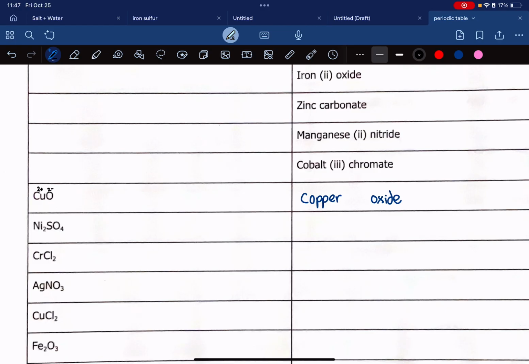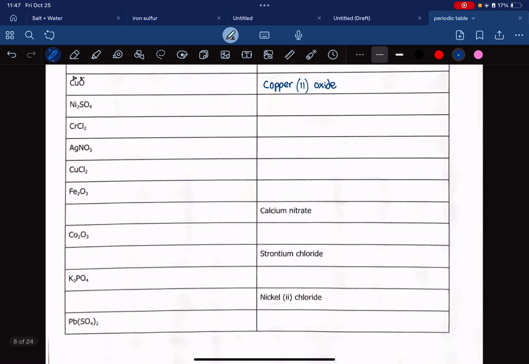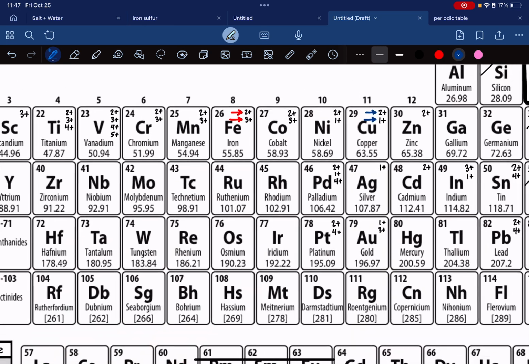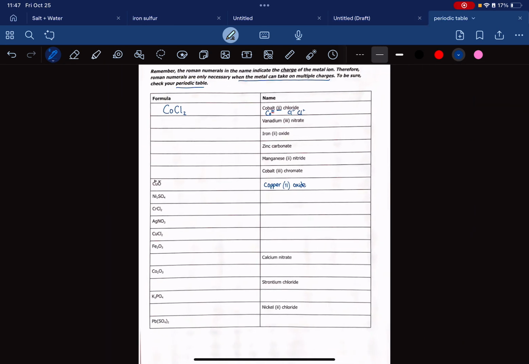So I can write that this is copper 2 oxide, like that. And we can fill out the rest of these just like that as well, keeping in mind that we only need the Roman numerals if it is a metal that can take on multiple charges.